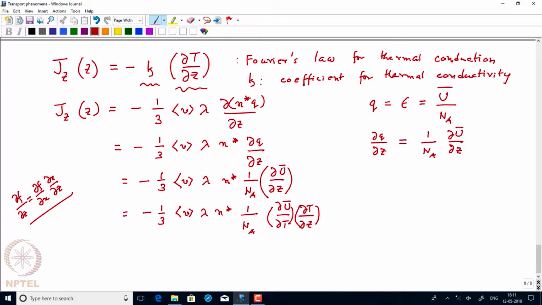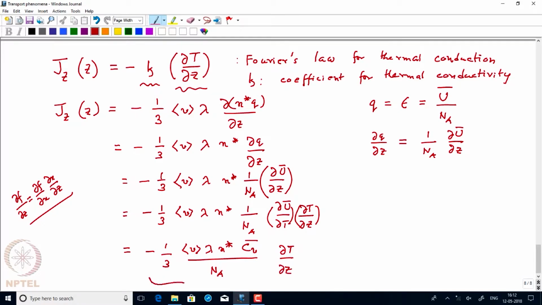Del U del T is basically the change in internal energy per unit temperature. So this is also internal energy per mole. So this is nothing but the heat capacity, heat capacity per mole, because we said that U bar is average energy per mole. So what we get is minus 1/3 V average lambda n star Cv bar, where by Cv bar I mean the heat capacity per mole, divided by the Avogadro number, into del T del Z.